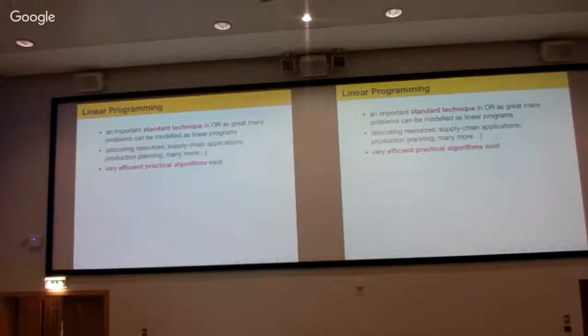You can still run it relatively quickly and get your solutions in reasonable time. So for the combination of these two reasons, it's a very important technique in operational research, and that's what we'll be learning for, well, many weeks now.